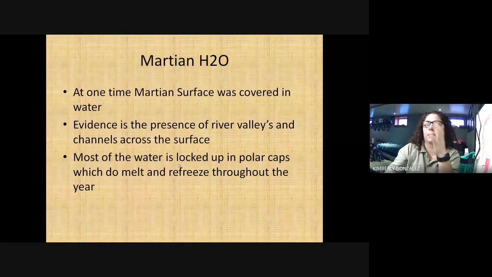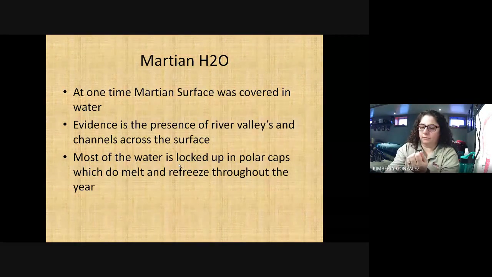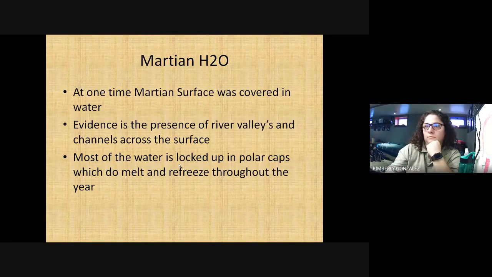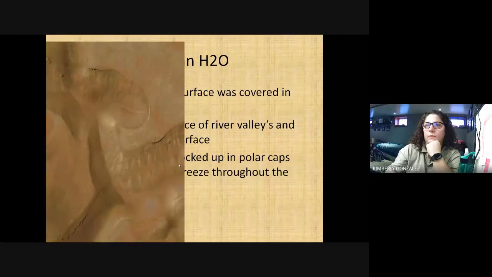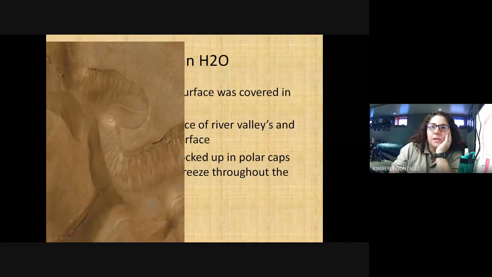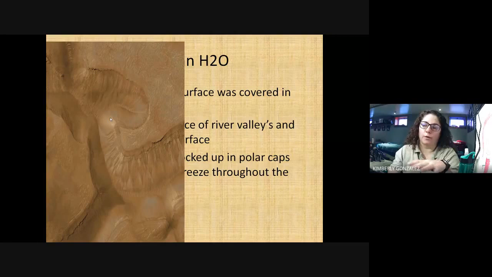I want to show you a picture of the valleys and channels. Okay, so here's Mars's surface. You see this ripple effect here, right? It's the same kind of ripple effect that you see in rivers on Earth. What that means is that the water was going over it, and you can see where the sand was built up.